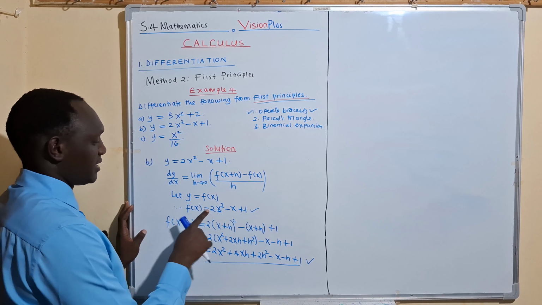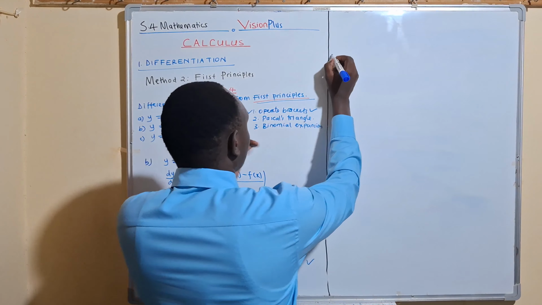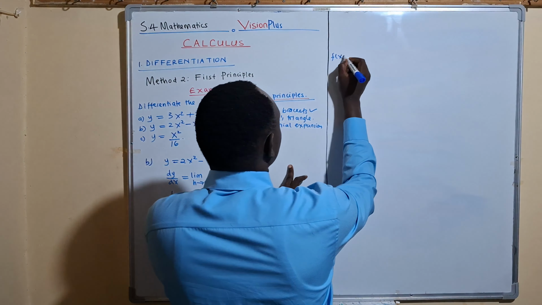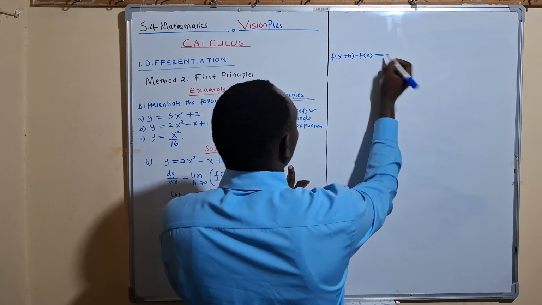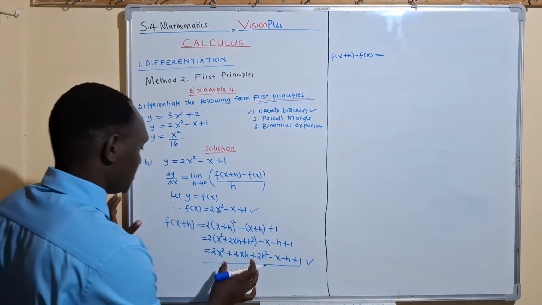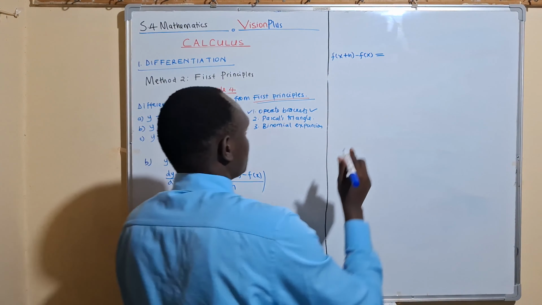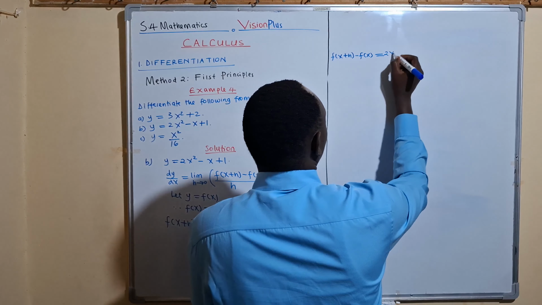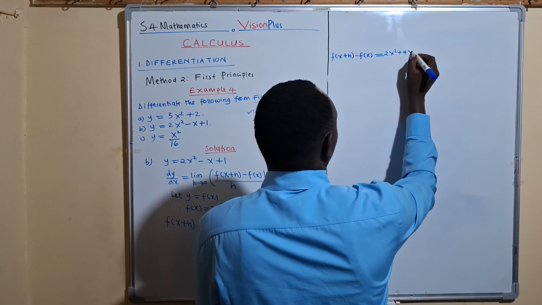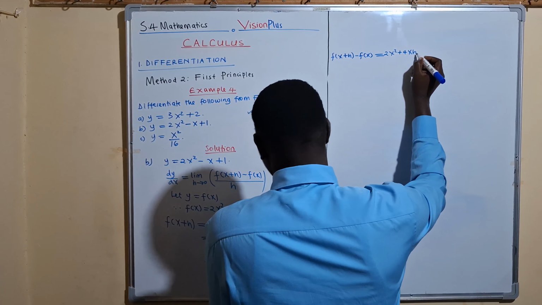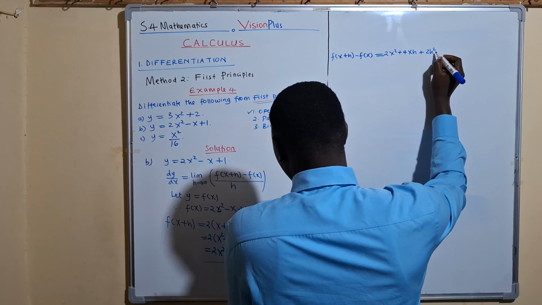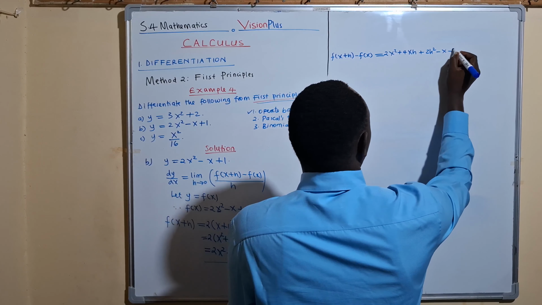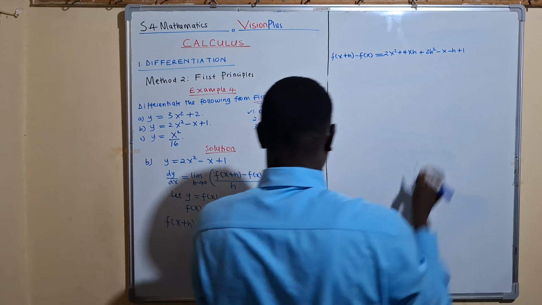So f of x plus h minus f of x equals, this is f of x plus h, which is 2x squared plus 4xh plus 2h squared minus x minus h plus 1.